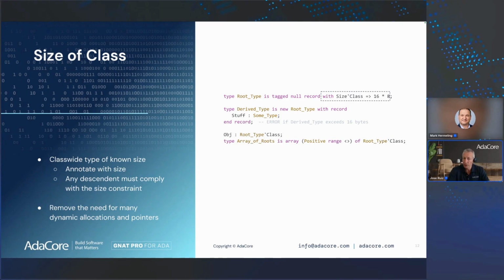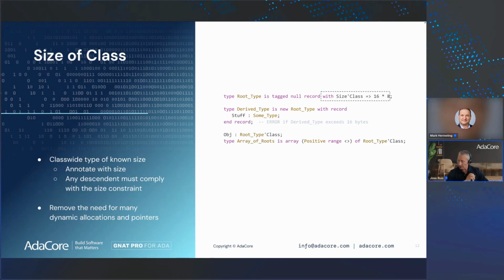What you typically would use is to create an array of pointers, and they will point to the specific object. What we thought to fix or to alleviate that problem is to specify the maximum size of an element of a class. In this case, we are saying that the class will have at most 16 bytes, and then the compiler will be able to create an array of objects, not pointers to that type.